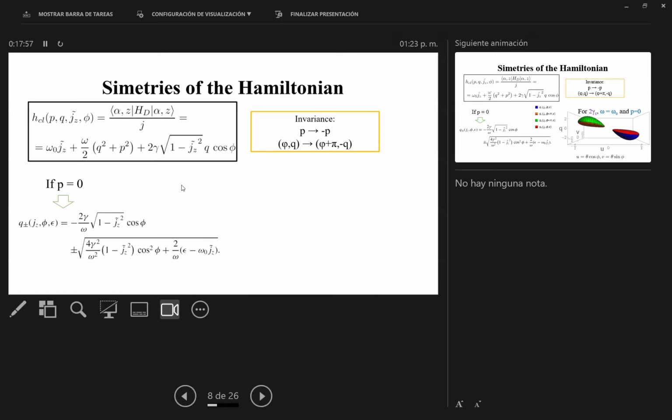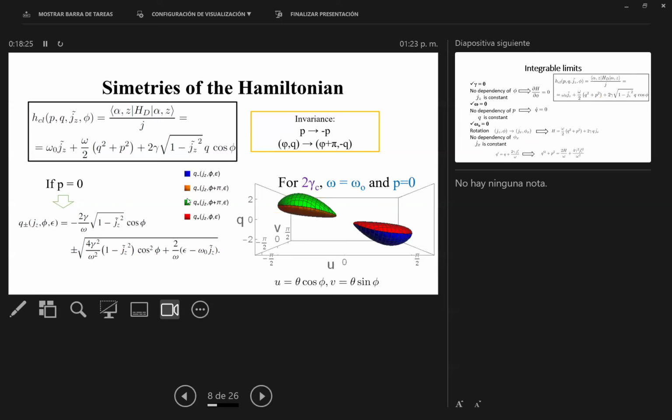I will show it in a visual sense, selecting P equal to 0. If we select P equal to 0, we can get the Q variable in terms of Jz, phi, and the energy that I will call epsilon, the classical energy. In future slides, I will call them Q1 and Q2. I select, for example, these parameters gamma and omega, just to project in these variables the energy surface of this quantity.